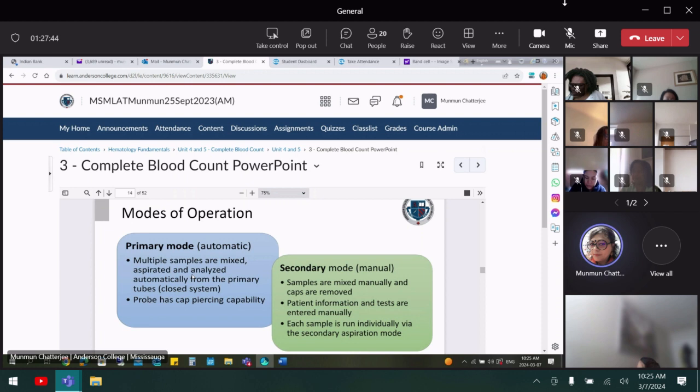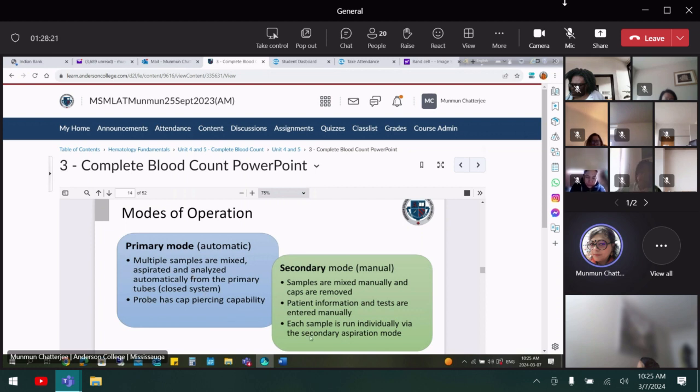So if a blood work order has the CBC and the hemoglobin A1C, you have to draw two tubes: one for the CBC or any other hematology test, and another for hemoglobin A1C, as it measures the glucose attached to the hemoglobin molecule. So that needs to go to the chemistry department.